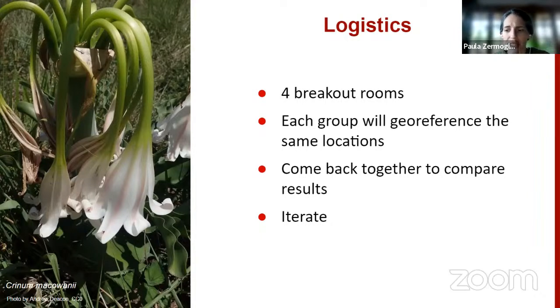We're going to georeference the same location at the same time, and then we're going to come back together to the main room to compare the results. We'll do that for one location, and then we will do it again for another one, and so on. So we will iterate, hopefully through 4 locations. If we have time, we can look at more.